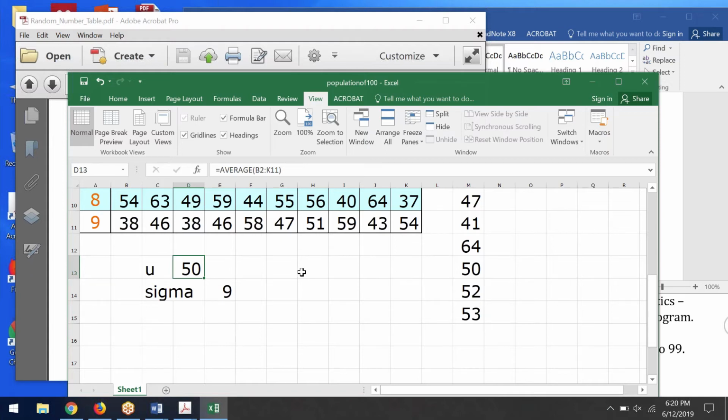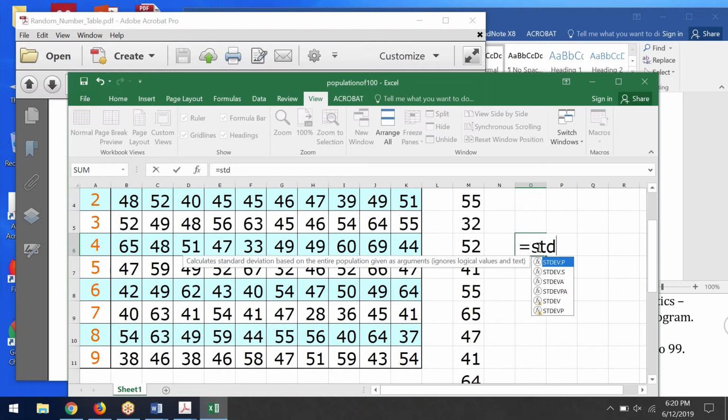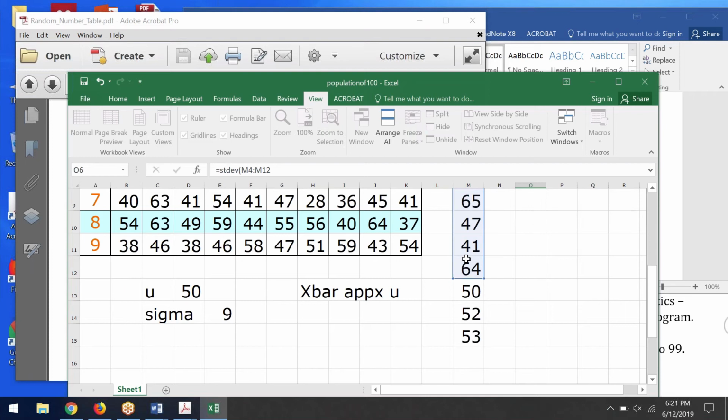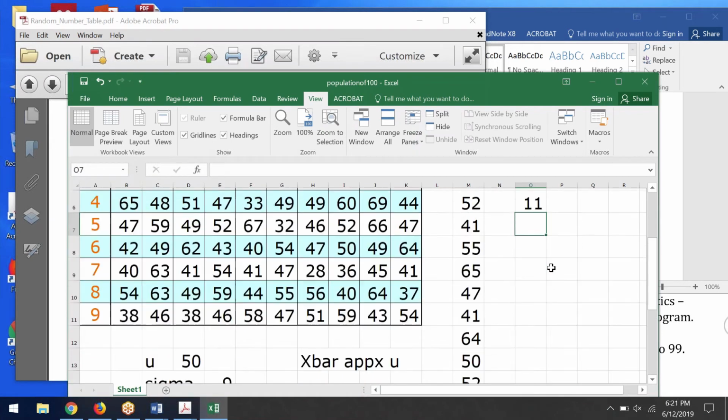So what does that tell us? Number one, it tells us that X bar approximates mu. The next thing it tells us is that if I take the standard deviation for just this one sample that I did, well, the standard deviation is 9 for the population, and this is 11.